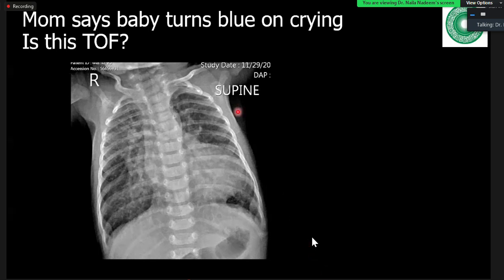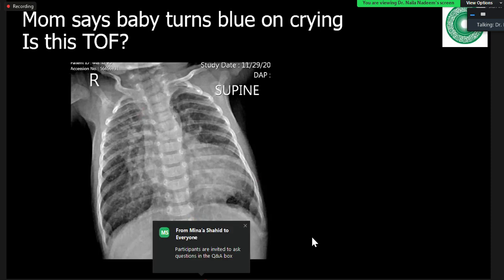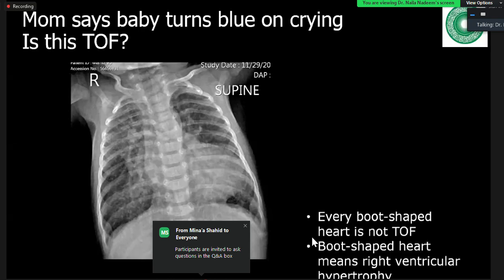This is not TOF because let's look at this X-ray chest. Yes, you're right. The apex of the heart is upturned. The heart looks boot shaped. But then you also have to look at the lungs, and you can see there's significant pulmonary plethora. Our TOF patient has obstruction to the pulmonary vasculature, so their lungs are normally very black.